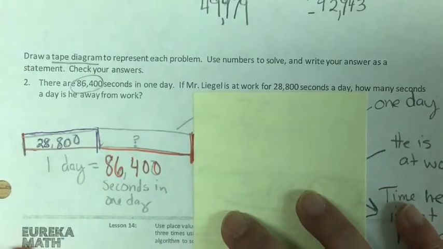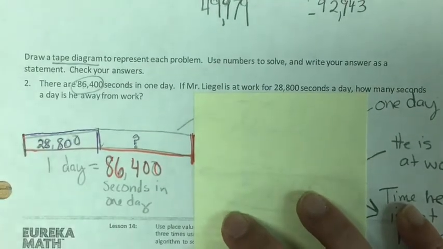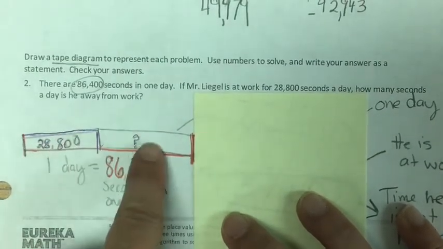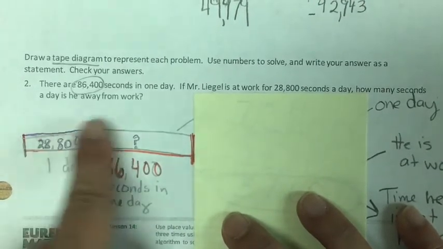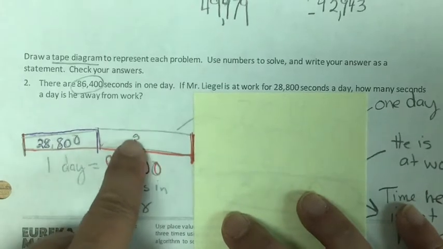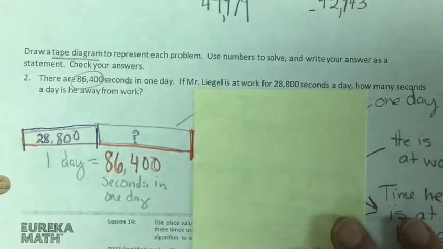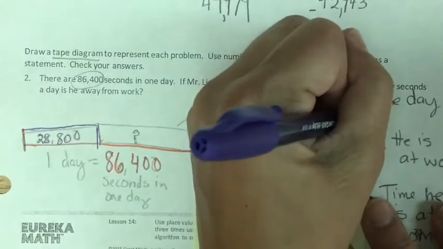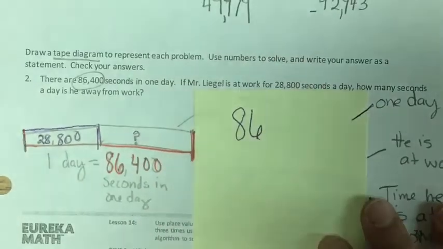All right, so that means we're not exactly sure how many minutes he is at home. This is work, this is at home. This is all together. This would be the sum of these two numbers. But we're missing this number. So, if you're looking, okay, I know what would be one whole day of seconds.